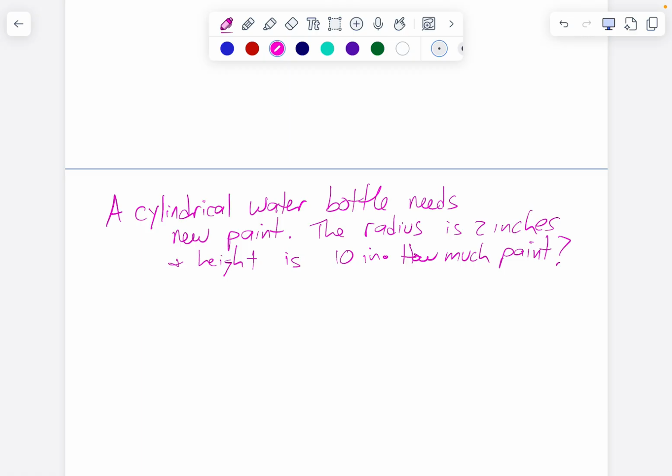My water bottles do. Otherwise the water comes out. However, if you look at the water bottles in the room, what do you notice?